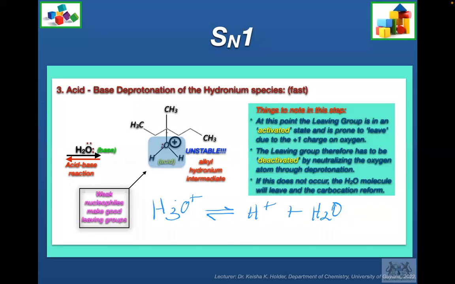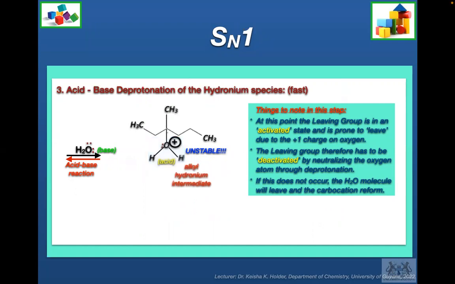Now there are a lot of water molecules present in the reaction medium, and so they can definitely perform this reaction for us to help deactivate the water leaving group as it currently exists on this intermediate here. So of course that's what the next step will be, and that's the step that will afford us our deactivation of our leaving group.